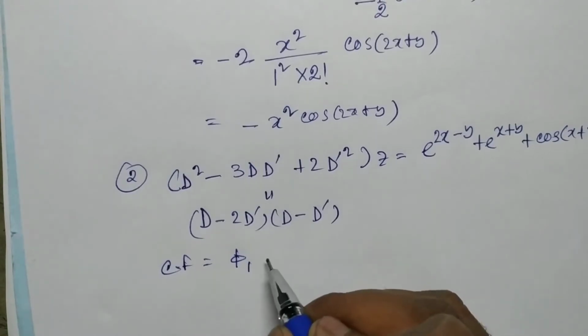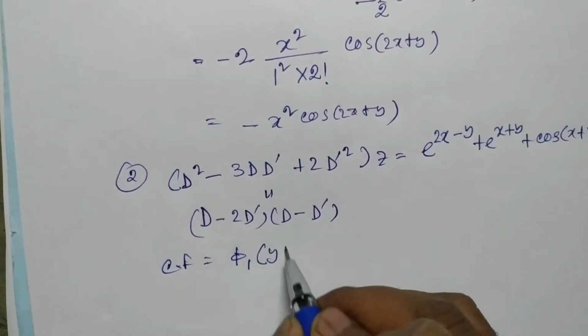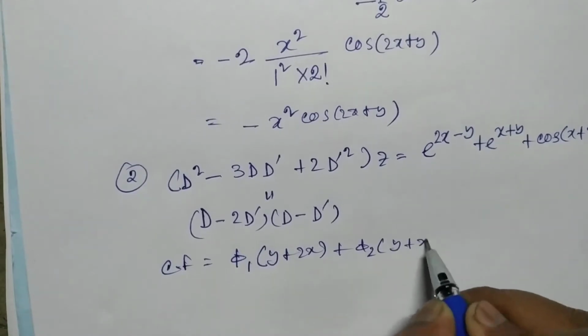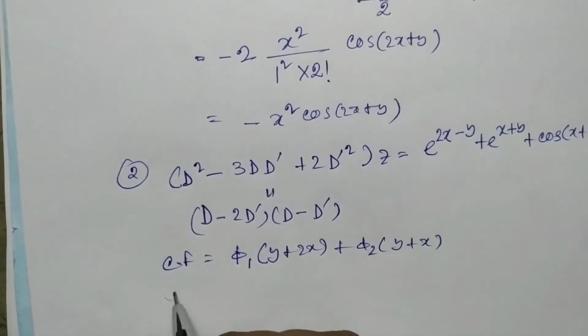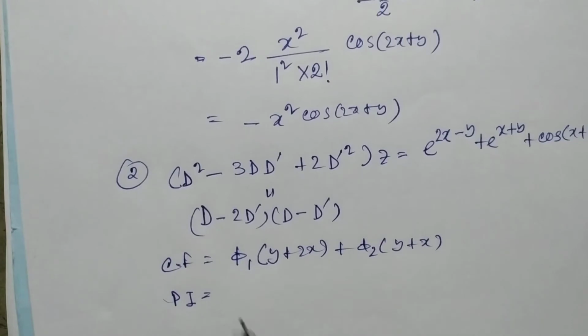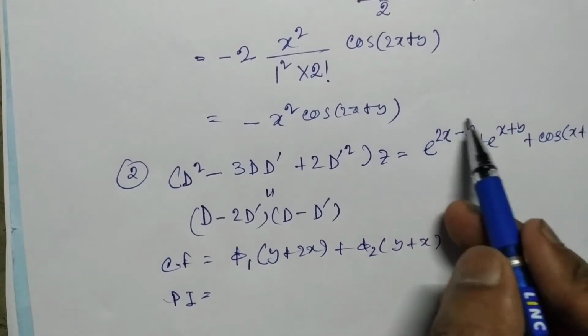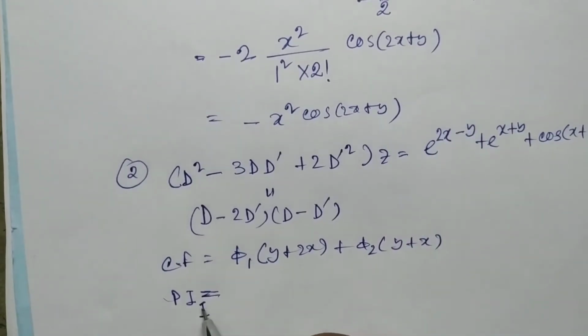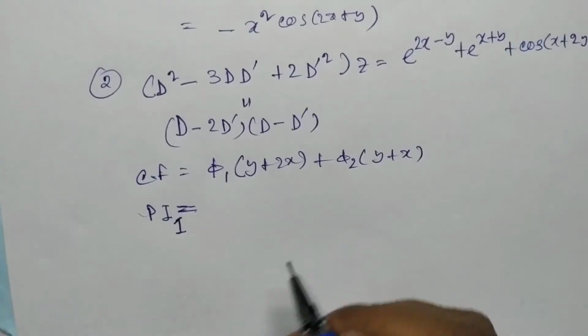So CF is phi 1, an arbitrary function of y plus 2x, plus phi 2 of y plus x. And the PI, one by one, if we calculate, say first for this term e to the power (2x minus y), we are writing this as PI 1.